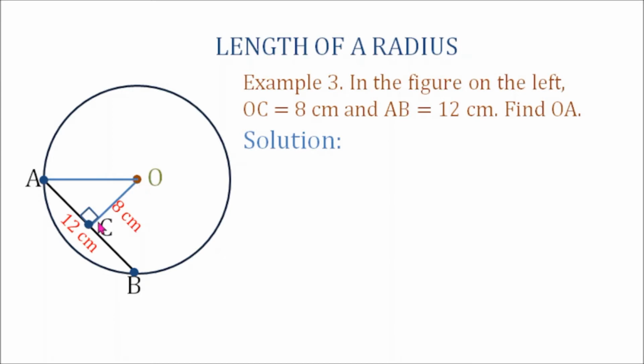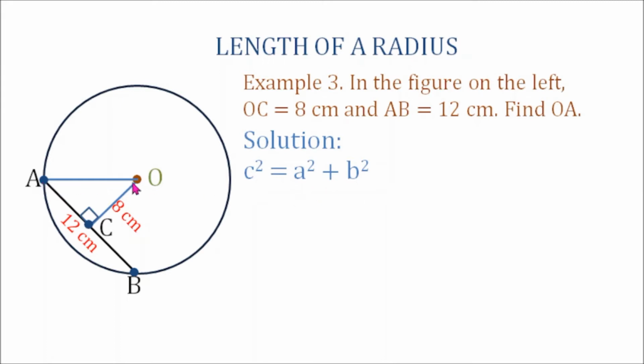Now we have a right triangle here, so to find the missing side we are going to use the Pythagorean theorem, and this is the Pythagorean theorem. The meaning is, in a right triangle, the square of the hypotenuse, or the longest side, equals the sum of the squares of the two other sides.